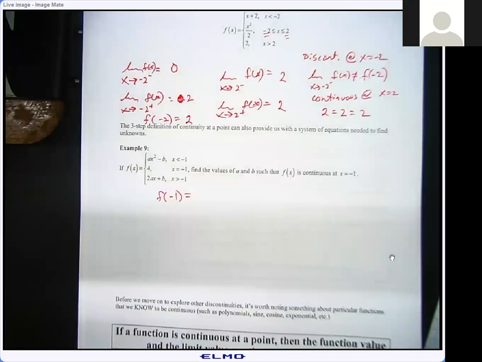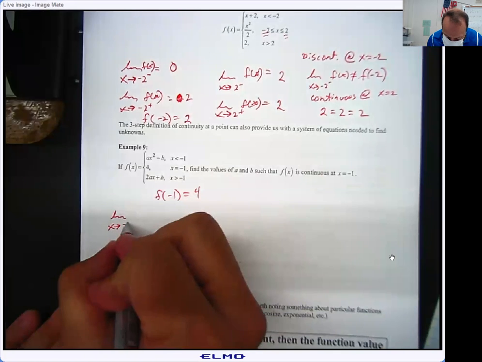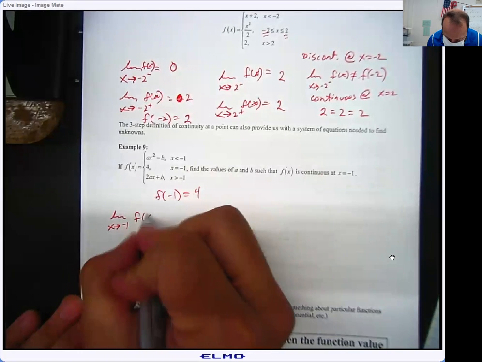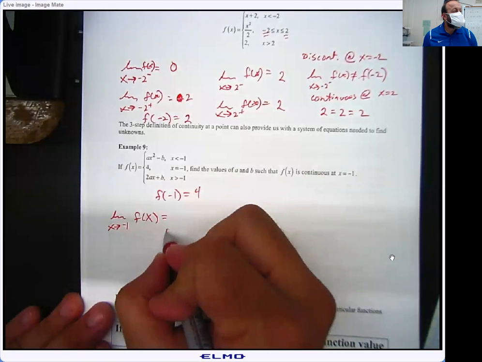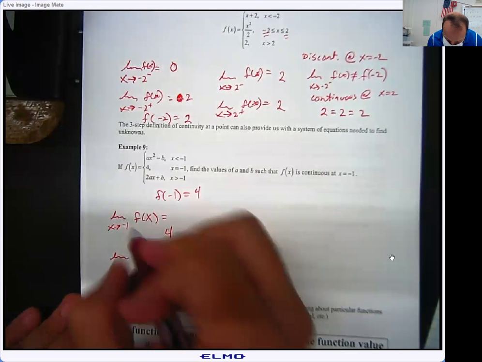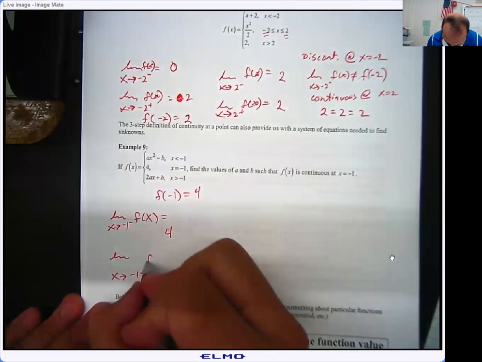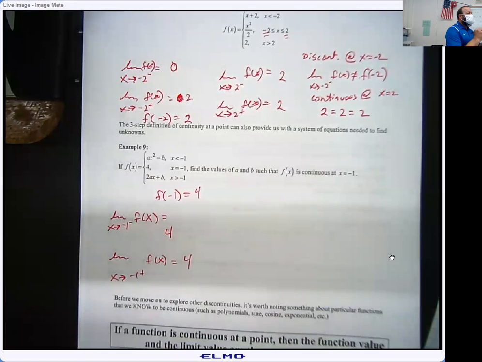4. So that would tell me that the limit as x goes to -1 of f of x must be what? And the limit as x goes to -1, I could go left, I could go right. No matter what I do, those numbers have to be the number 4. So look at the top one.